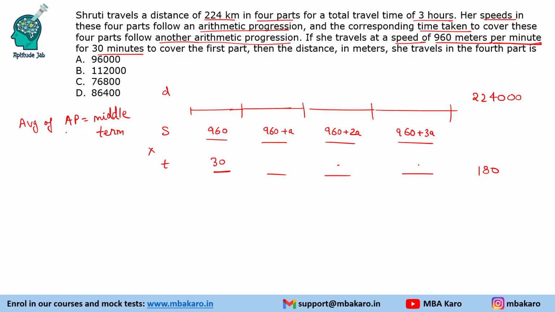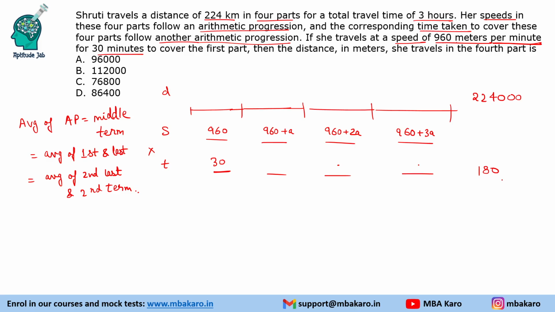Or you can say that it is the average of the first and last term, which turns out to be the same thing, as is the average of the second and second last term, and so on, because an AP is symmetrical.